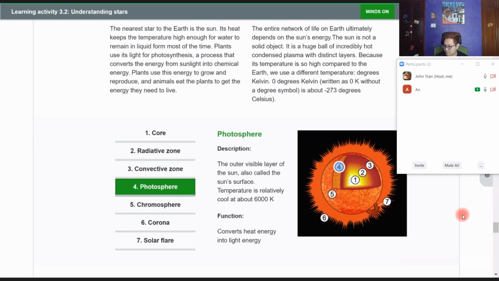Temperature is relatively cool at 6000 K. Function: convert heat energy into light energy.